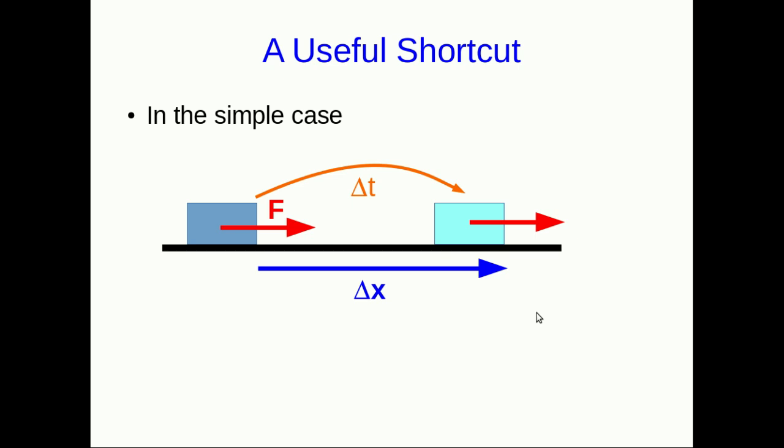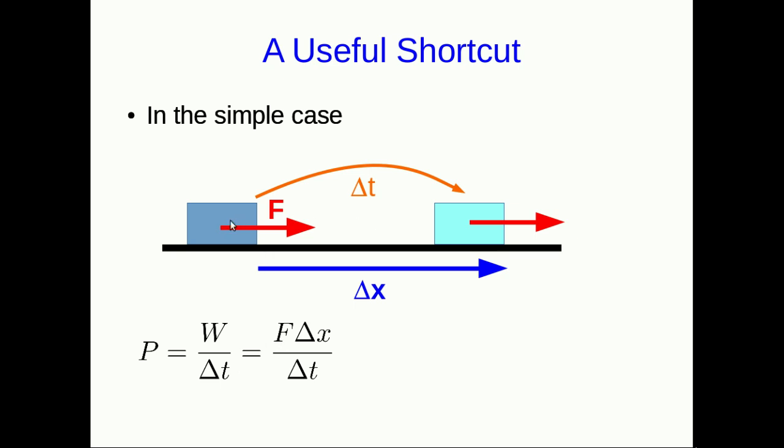Here's a useful shortcut for calculating power, and it really only works in simple cases, but let's look at one of these simple cases. So if you have an object that's being moved through some displacement, delta x, with some force acting on it, F, and let's say that force is in the direction of motion, and this whole thing takes some time, delta t. Then we know that the power is going to be the work done by that force divided by the time it takes.